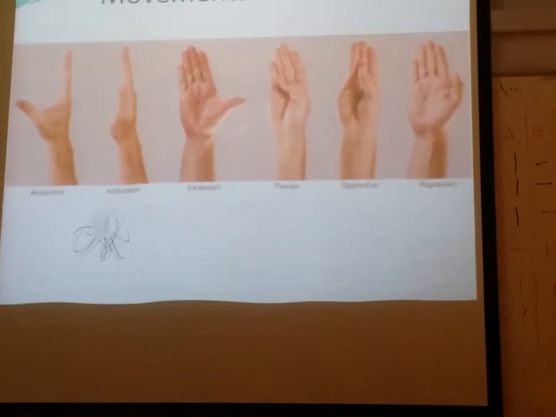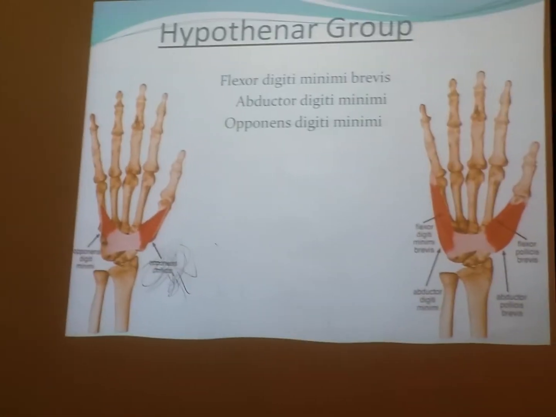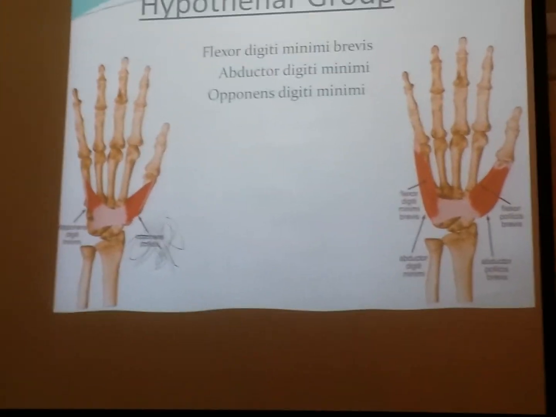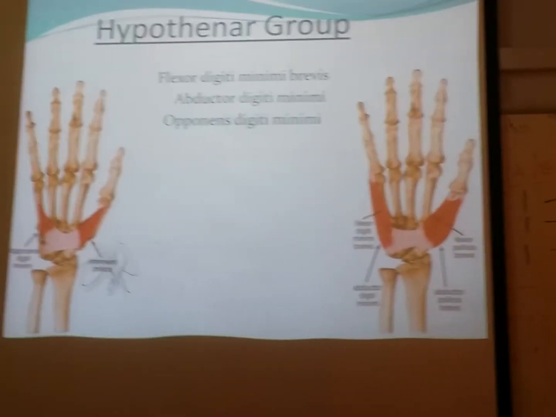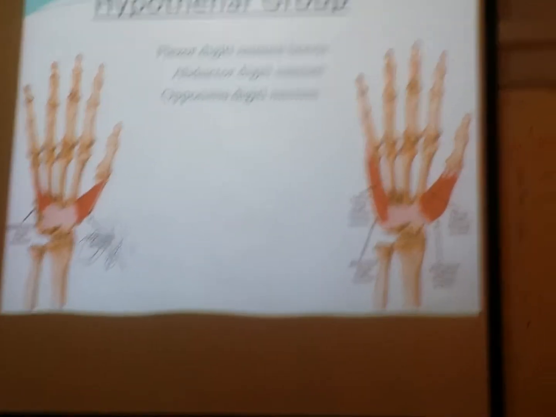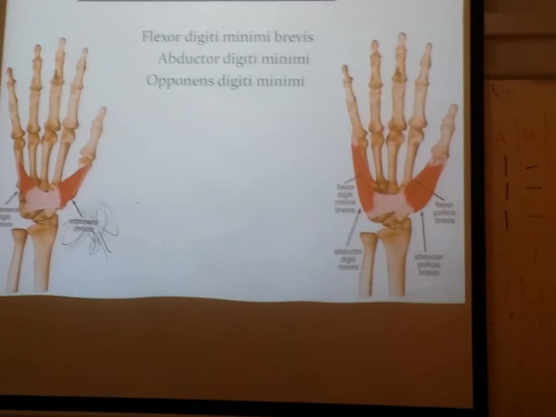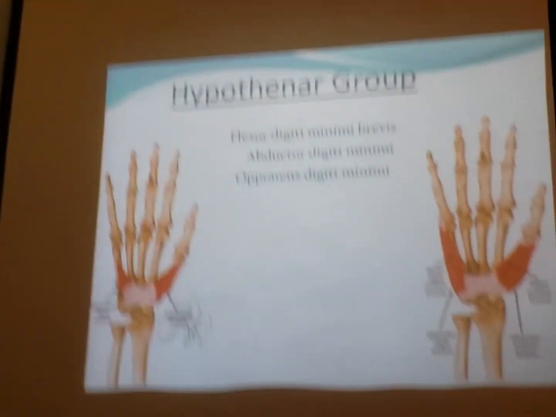Next, go to the hypothenar muscles. So you have three here: flexor digiti minimi brevis, okay, and then abductor digiti minimi, and similarly opponens digiti minimi. Am I clear? What are they? Digiti minimi meaning the little finger or the pinky, okay.